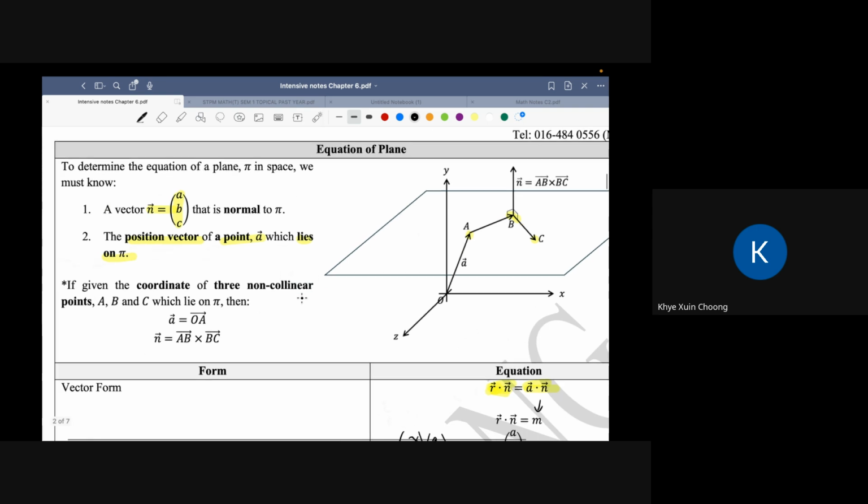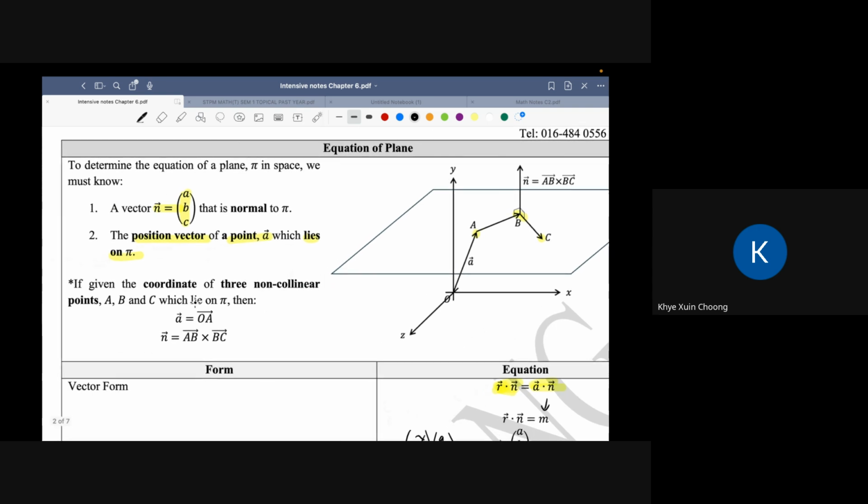Okay. So sometimes you want to find the vector form, but they give you 3 points on the plane. They didn't give you the normal vector or the position vector. If the coordinates of 3 non-collinear points A, B, C which lie on the plane are given, then your position vector can be any of the 3 points. Let's say I choose A, so the position vector is OA.